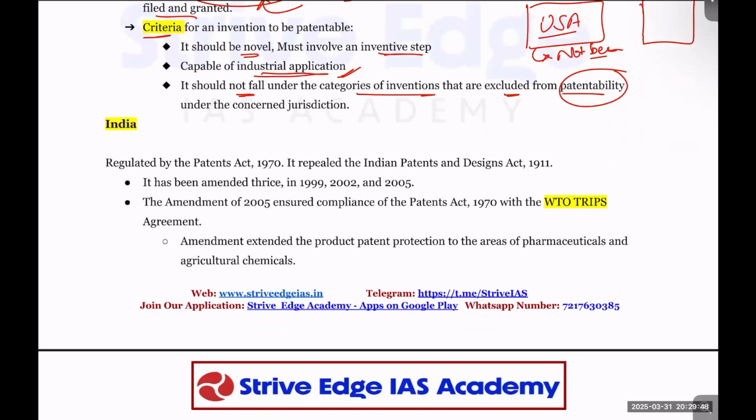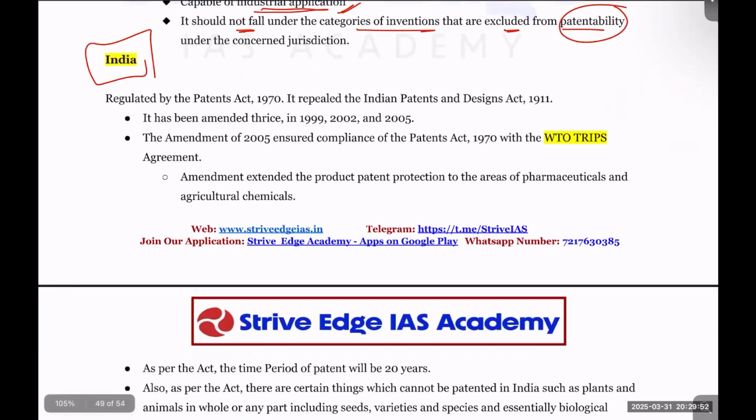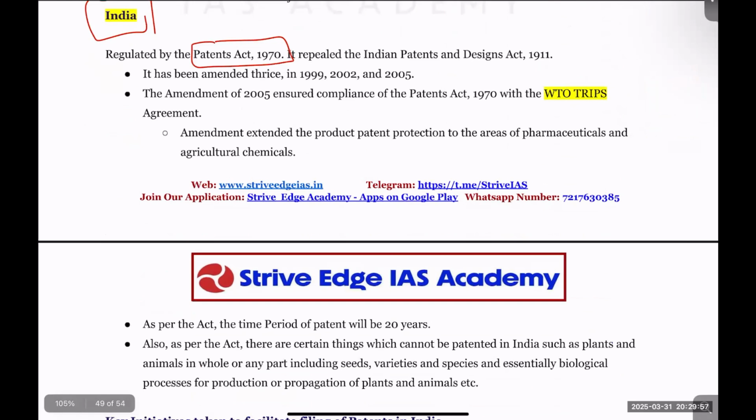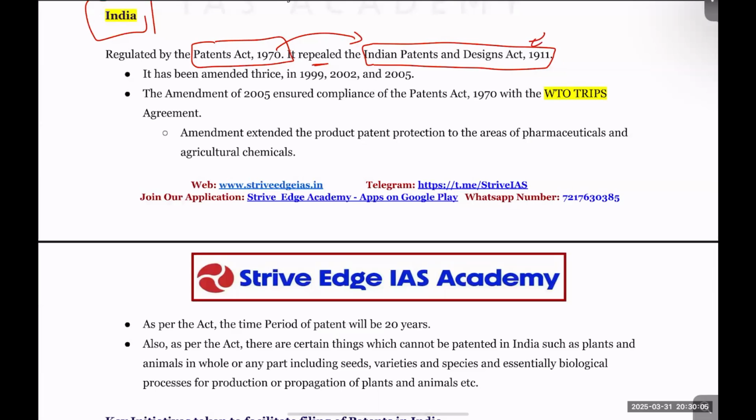Okay, so talking about India, how are patents managed in India? They are regulated by the Patents Act 1970. This Patents Act has also repealed the Indian Patents and Designs Act of 1911, which was a very old legislation. So you should remember that the Patents Act 1970 came by replacing the other legislation.